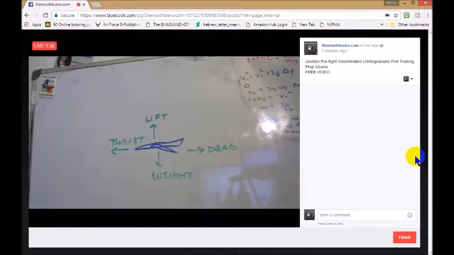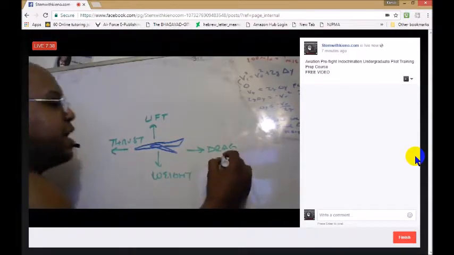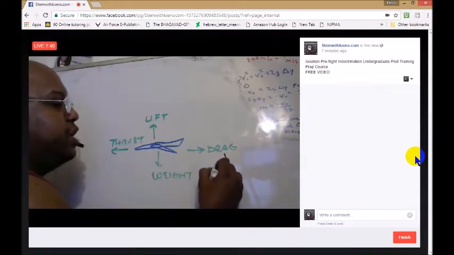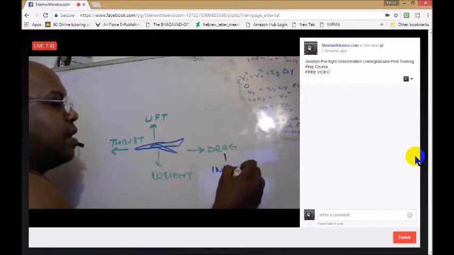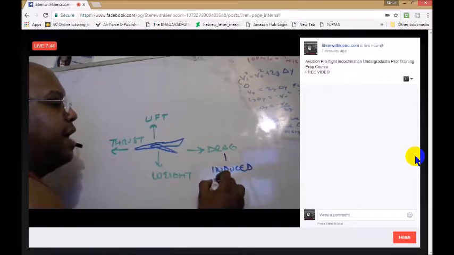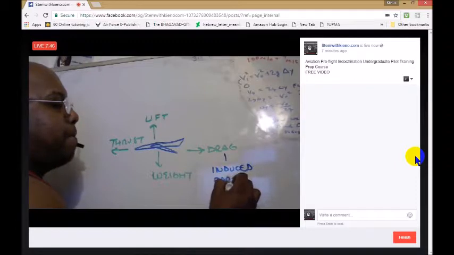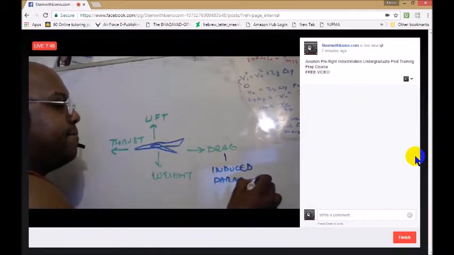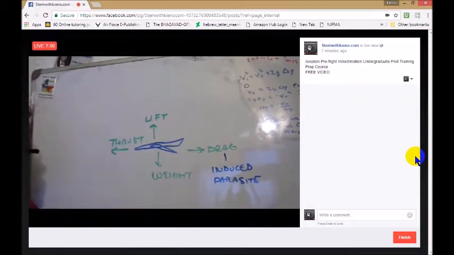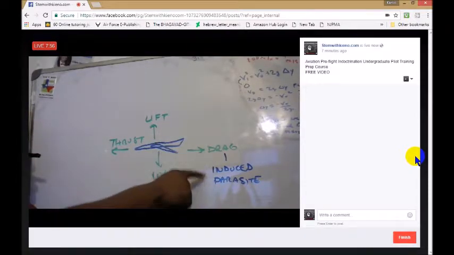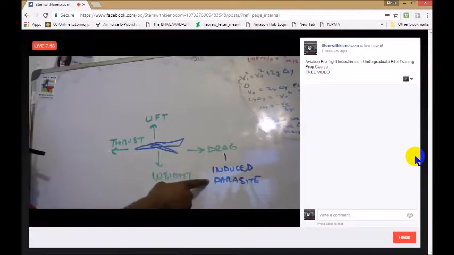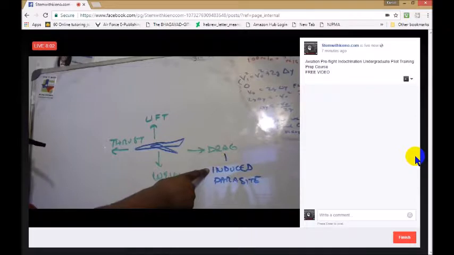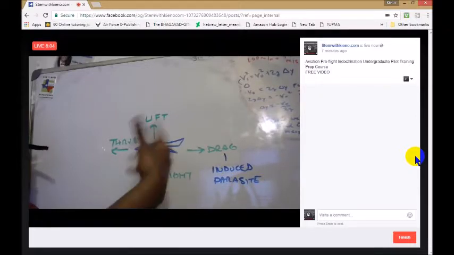Now, drag has two subcomponents. Drag can be broken down into induced drag and also parasite drag. Induced drag is caused by basically the generation of lift.